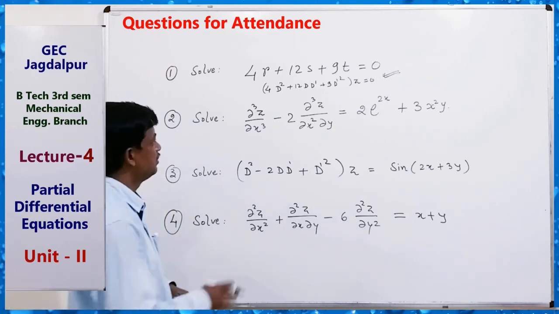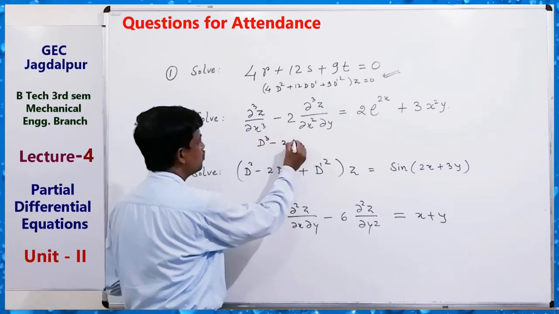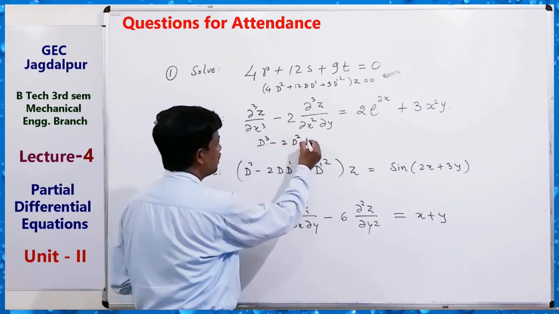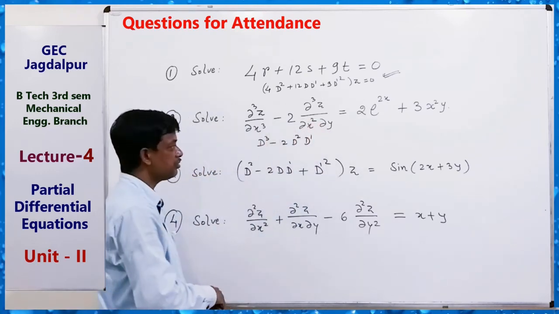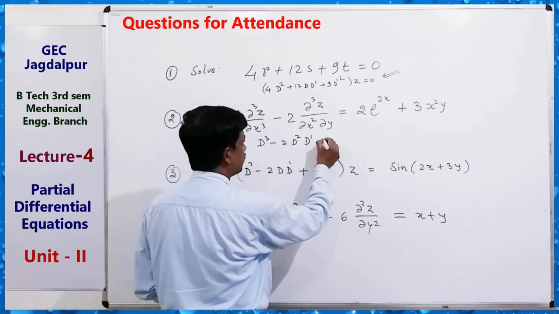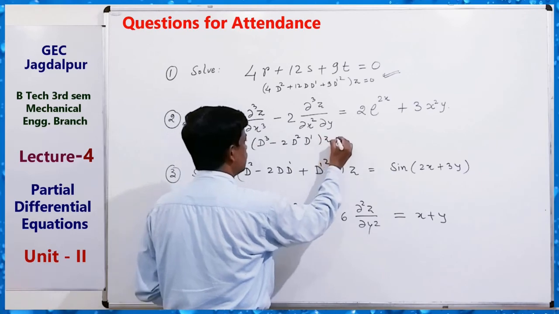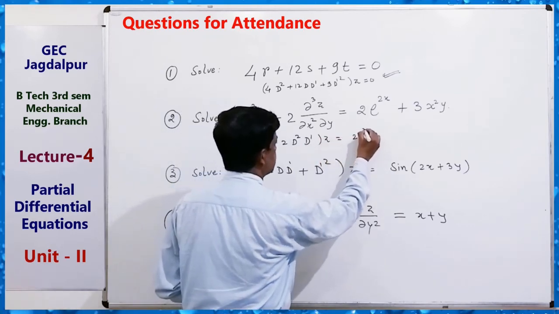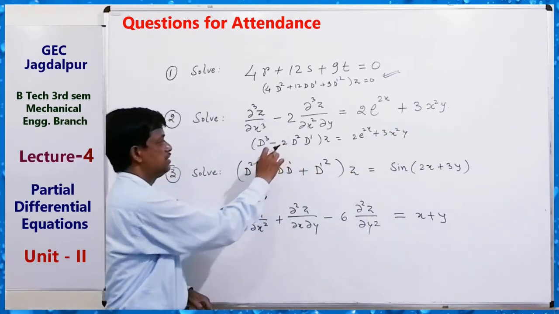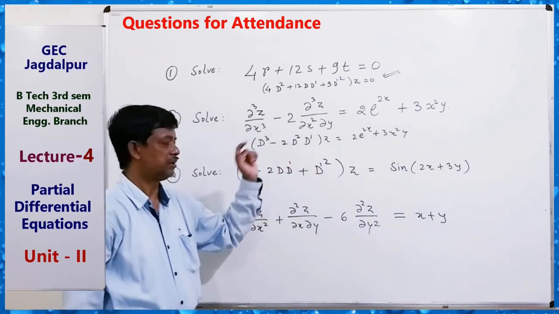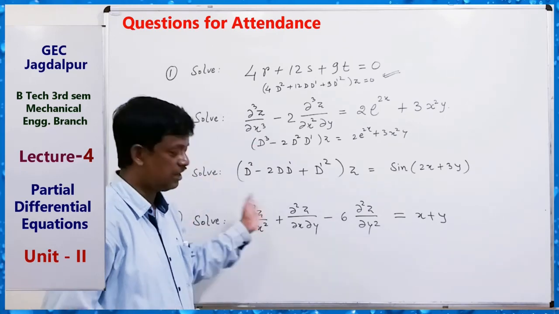Okay, this can be written d cube minus 2d square d dash, and F d dash is this cubic, so you will get 3 roots and write the complementary function.